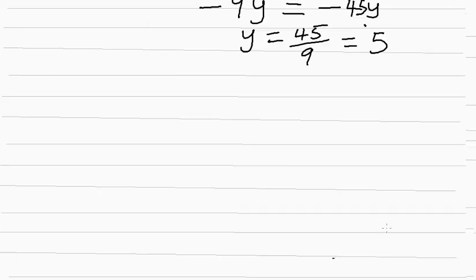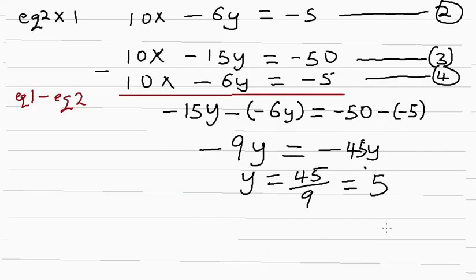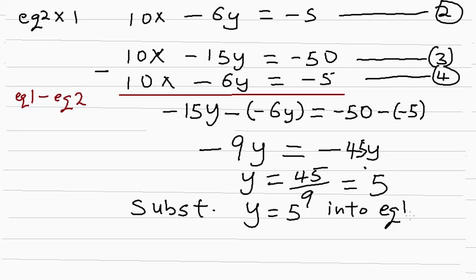Having gotten my y, I can now solve for x. So what I will do is substitute the value of y that I've already found, which is 5, into any of the equations. I can take it to equation 1.